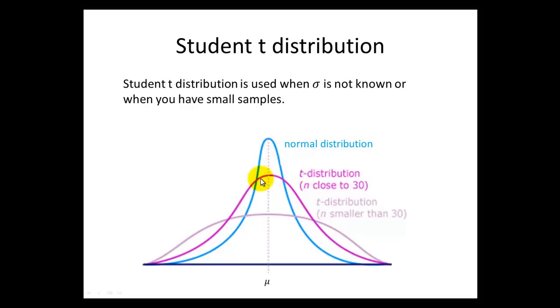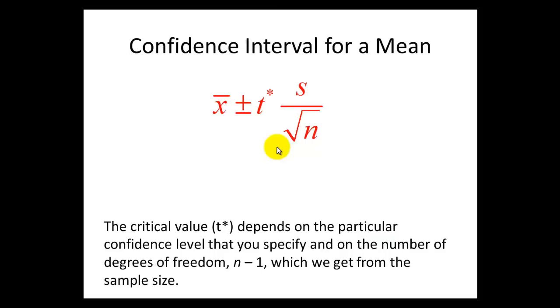Another unfortunate thing is that the student t-distribution will change size, height, or width depending on how many you have in your sample, which means that our critical values that we'll use in creating the interval are going to be a moving target. They're not going to stay the same as they do with a normal distribution. Let me show you what I mean.